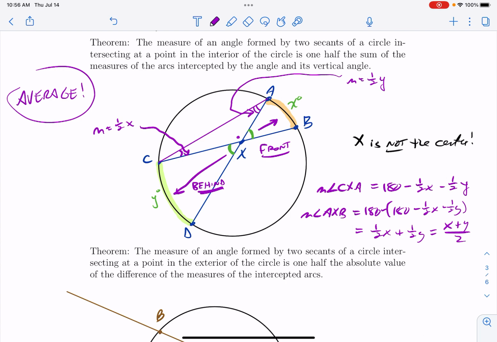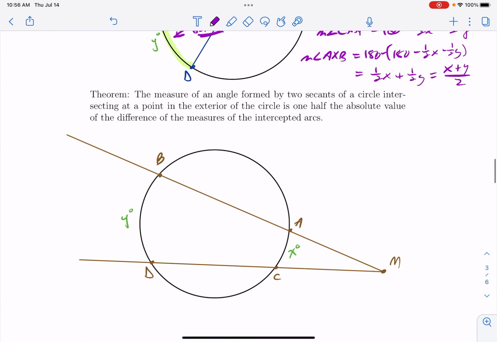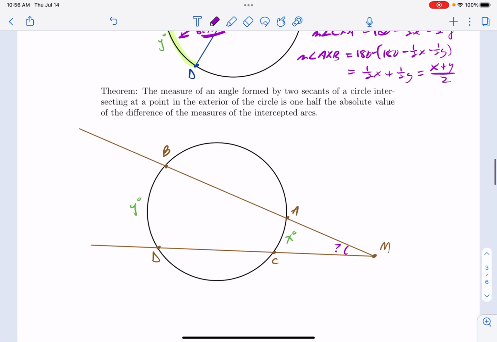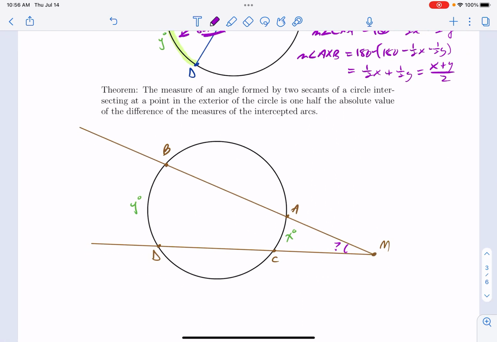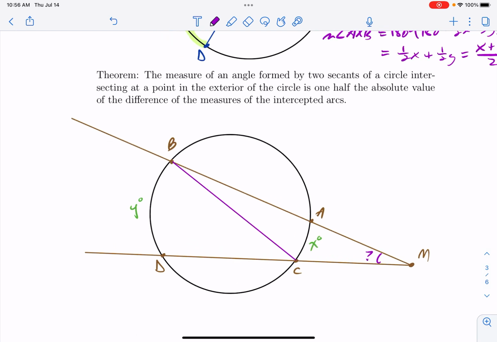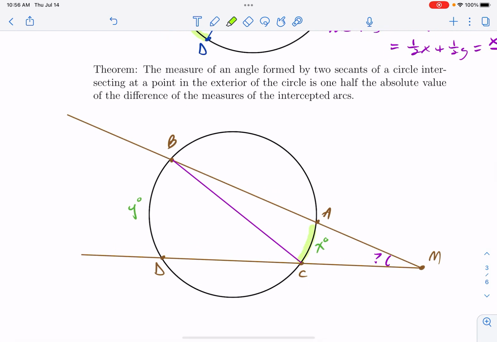Let's look at another case. Let's suppose here we have two secants that intersect outside the circle, and I want to figure out how big is that angle. We're going to do another trick with triangles. Let's draw in this segment like so. This is now an intercepted arc for an inscribed angle.